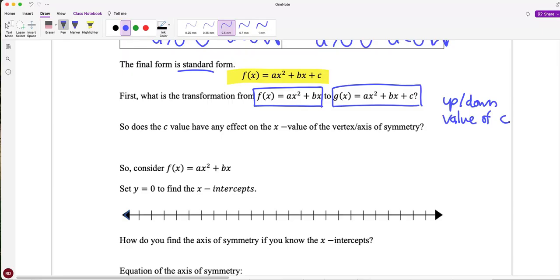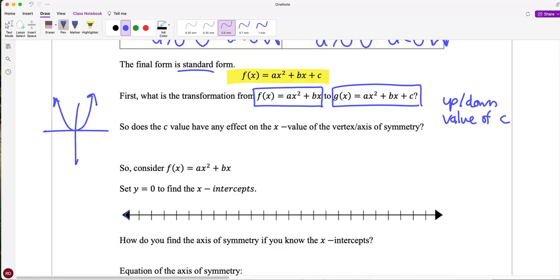So does the c value have any effect on the vertex or axis of symmetry? If I think about this, the value of c is going to move this guy up or down. So if I've got a graph of ax squared, something like this, the c value is just going to move it up or down.